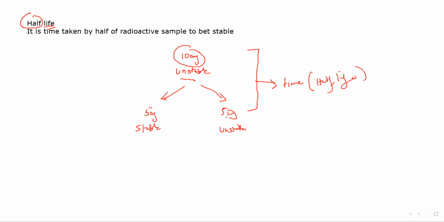Example, if this 100 grams changed to 50 grams stable and 50 grams unstable in 4 days, what is the half-life of this sample?